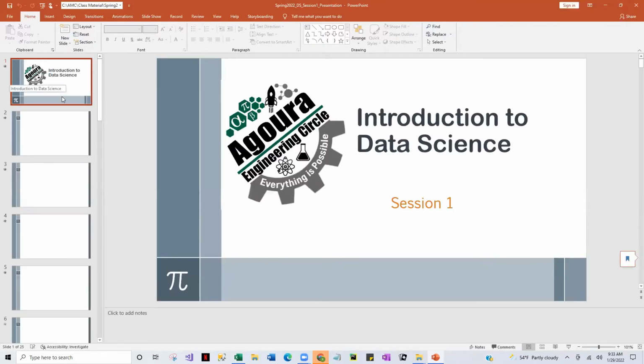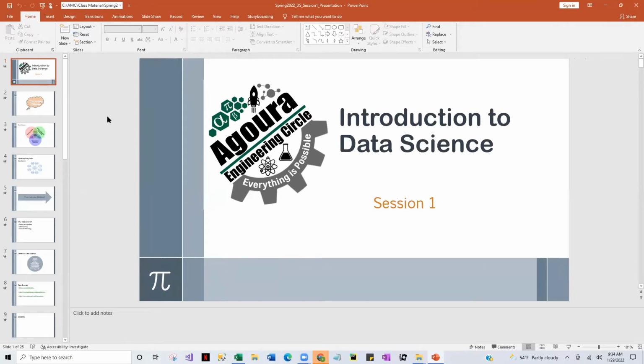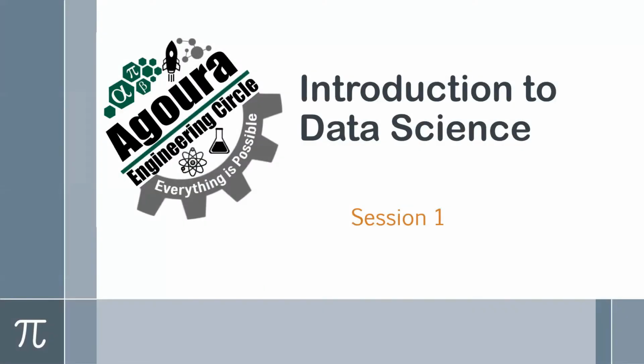So this is the second session in data science. Second semester in data science, and this is going to be the first session. To level set our program, if you know programming and if you know AI, you may catch a few items, but you may not get more out of it.